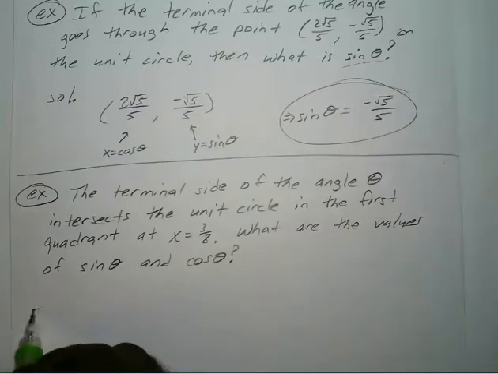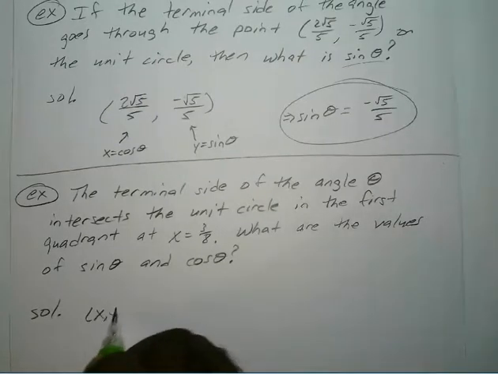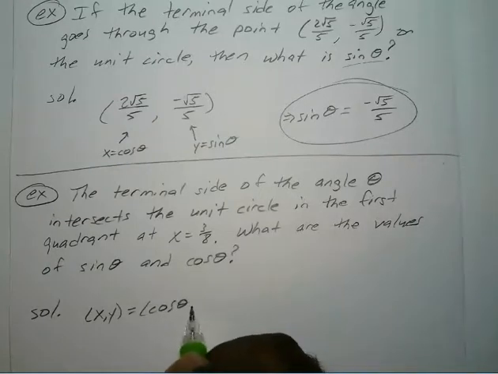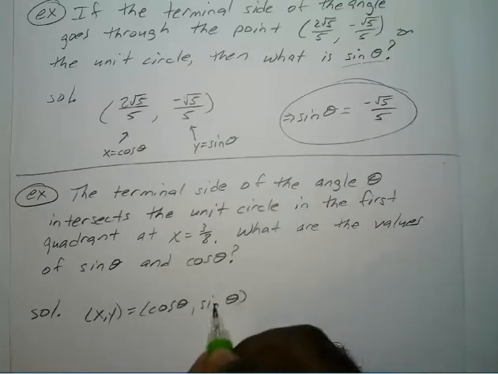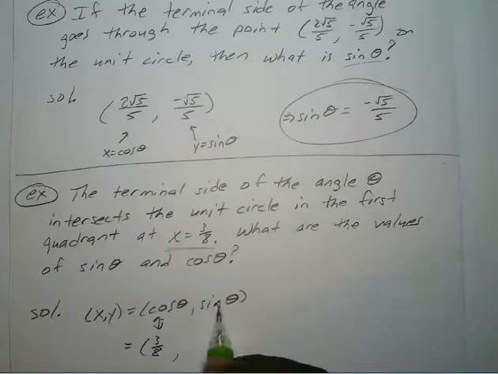Okay, so they actually gave you half of the solution. Remember, your x and y equals cosine of theta, sine of theta. But we know that our x is equal to 3/8. We know that that's our cosine. And our sine of theta is y.